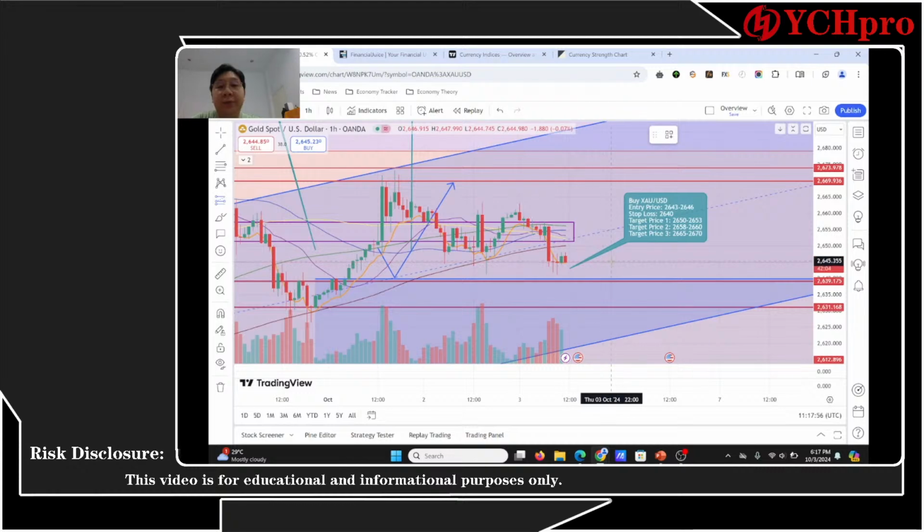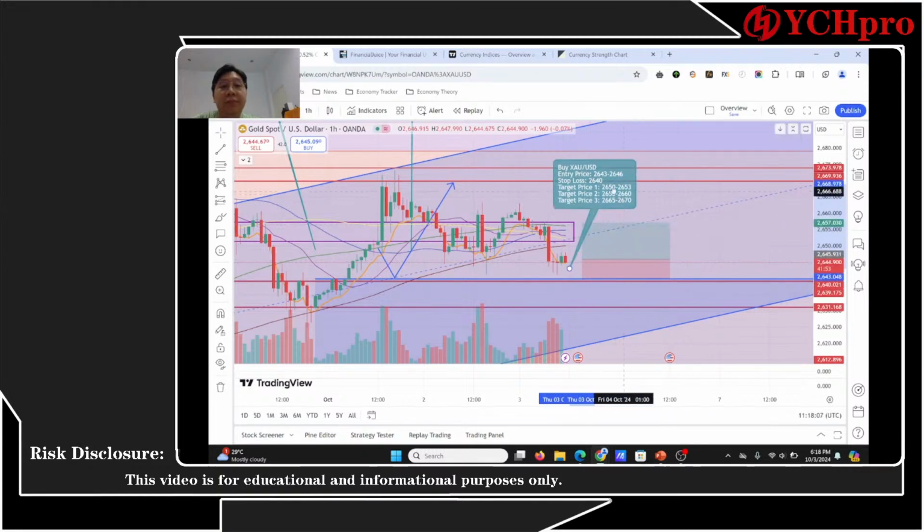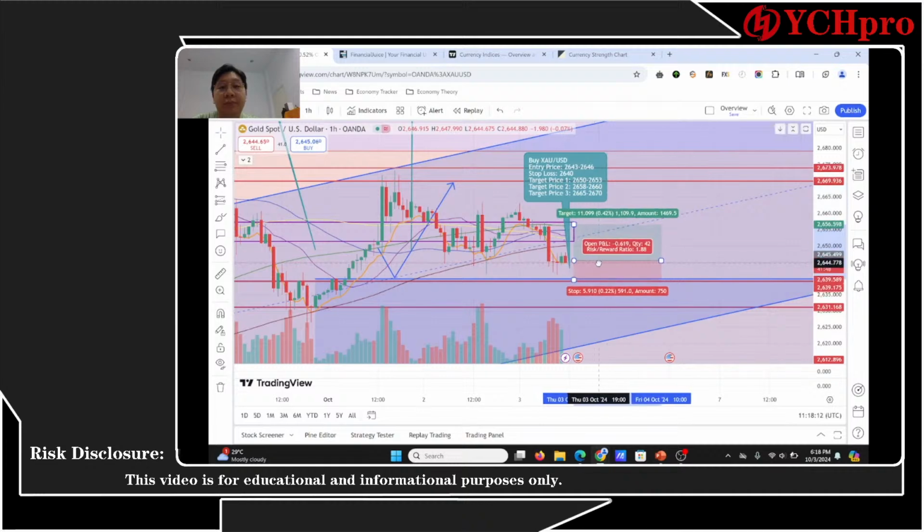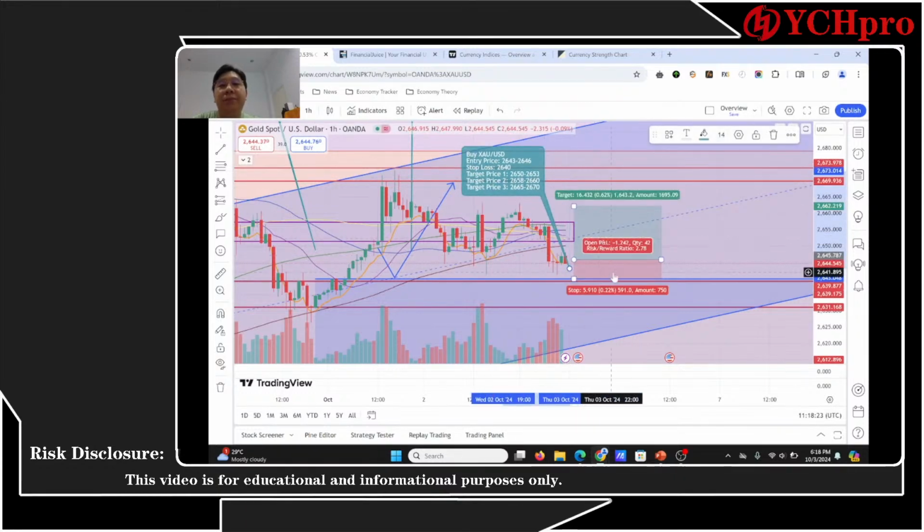If you do enter the trade around this price, in terms of risk and reward, it's much better to do that trade. The risk and reward ratio could be ranging from 1.5 towards 3. So that's why we are recommending a buy rather than a sell.